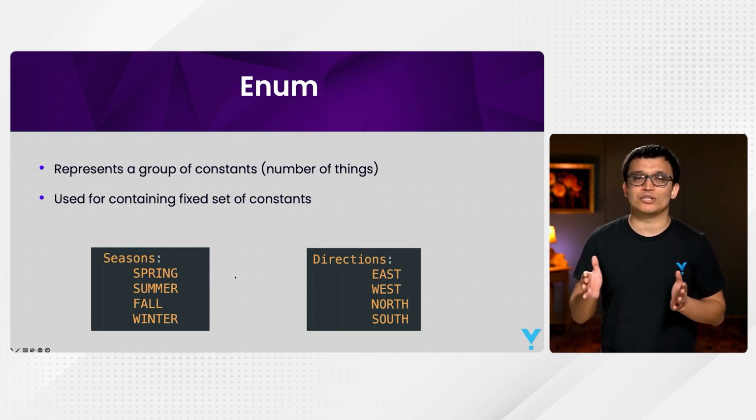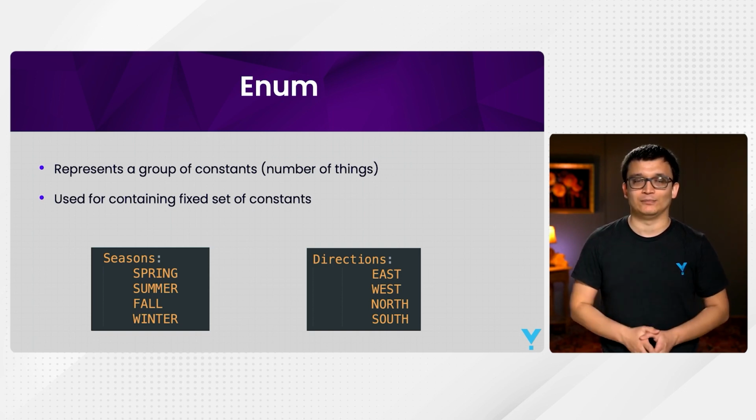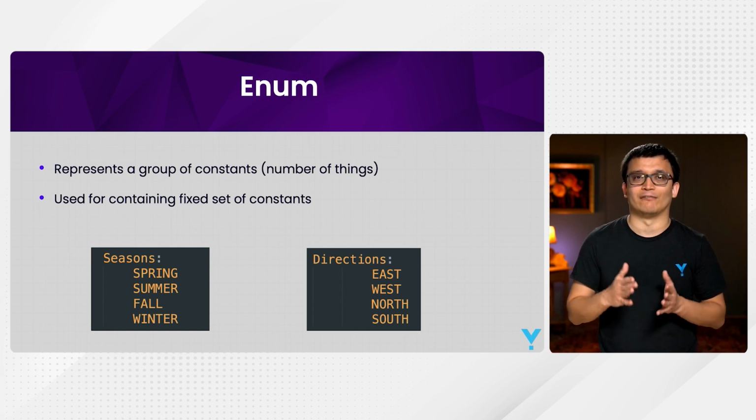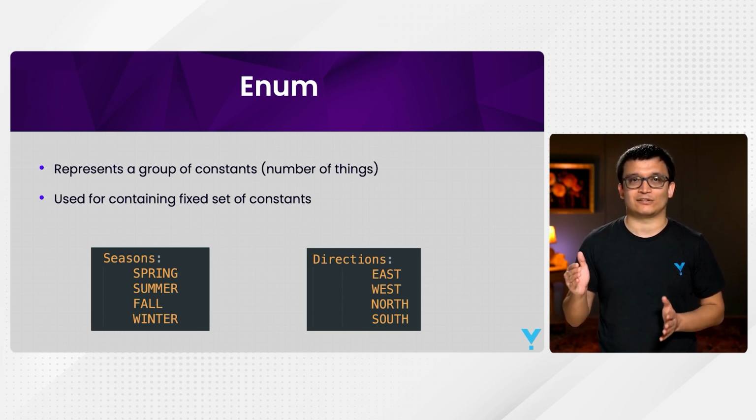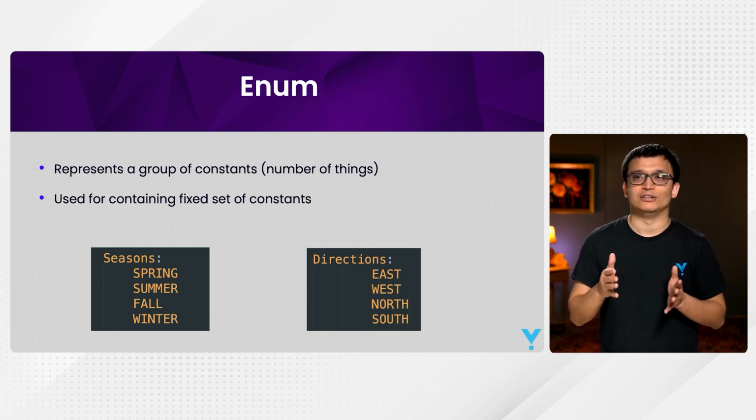By doing so, we can set the limit of what kind of data can be assigned to that special data type of variable. So enum, we can use it as the special data type for our variable, and into that variable, we can only store a fixed set of constants. One of those fixed set of constants can be stored into that enum.